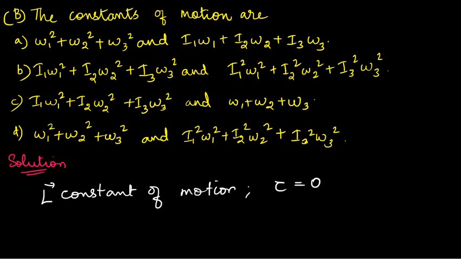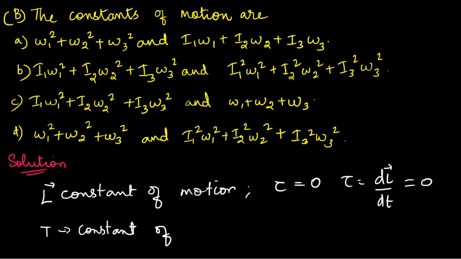Torque is given as dL by dt. So torque will be 0, then dL by dt will be 0, which means L is a constant of motion. Just remember, in these kinds of questions, L will be a constant of motion and kinetic energy is also a constant of motion. So you have to remember these things.